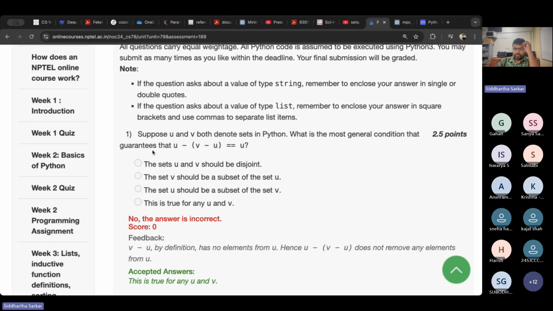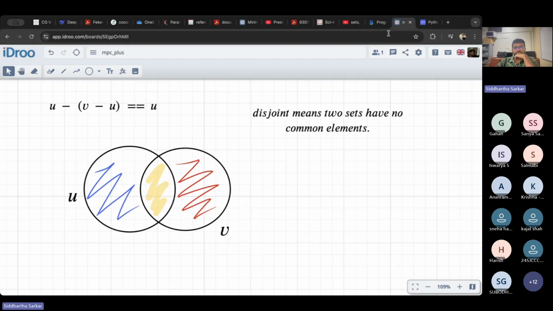On the other hand, one of the options is, if you have the set U as a subset of V, then what happens? If the set U is a subset of V, which is option C, then we have a Venn diagram like this. I'll draw that situation.